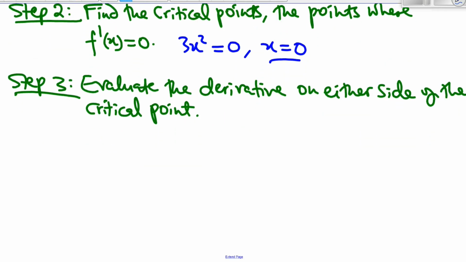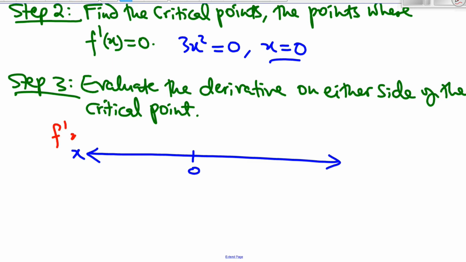Which means that we need to draw a sign diagram. And this sign diagram is for the values of x. We just have one critical point, so that will be 0 there. We also need to find the signs of f dash x on this sign diagram, which means we need to pick test points on either side.